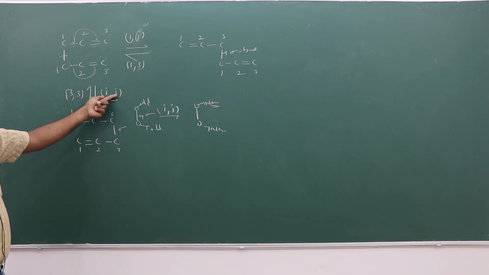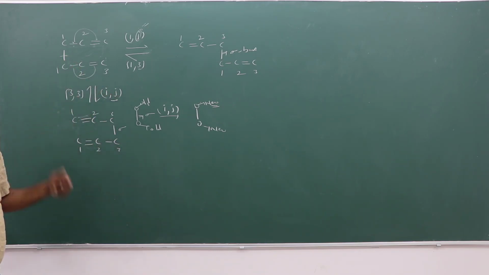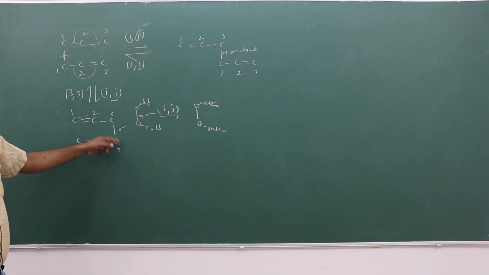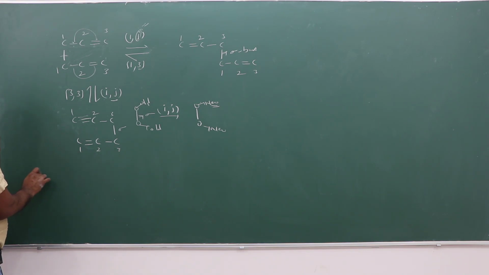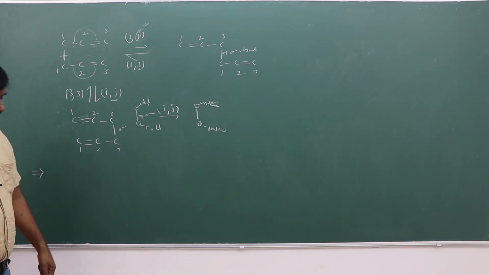This shift is called an ij shift or ij order, that is, a 3,3 shift. Both ends of the migrated sigma bond have different, new positions.